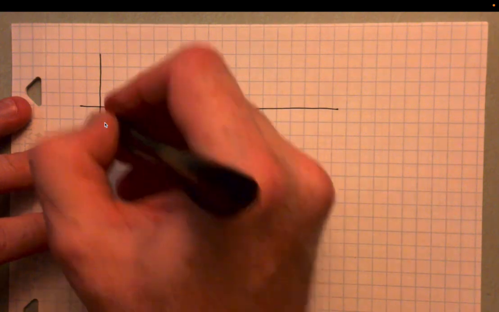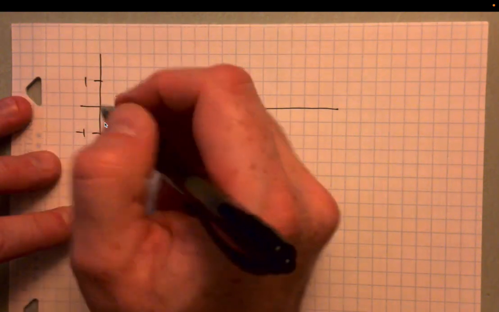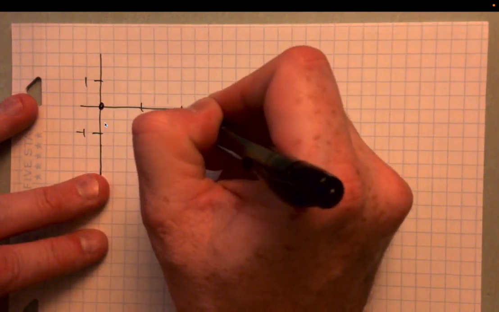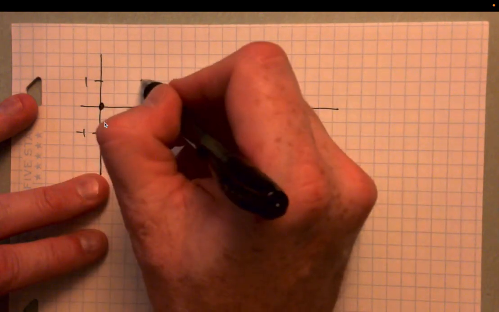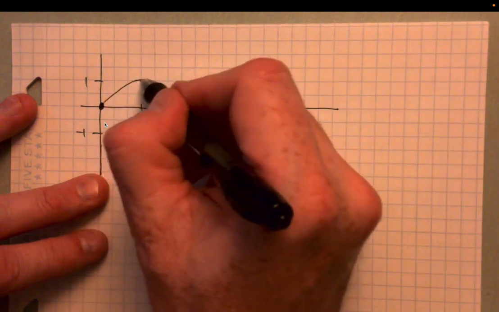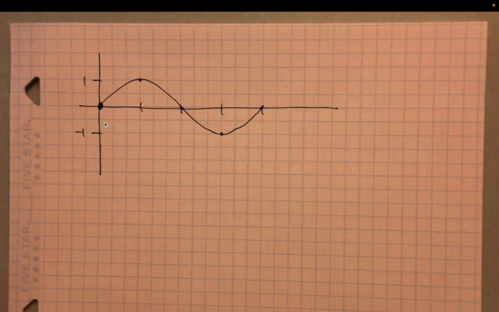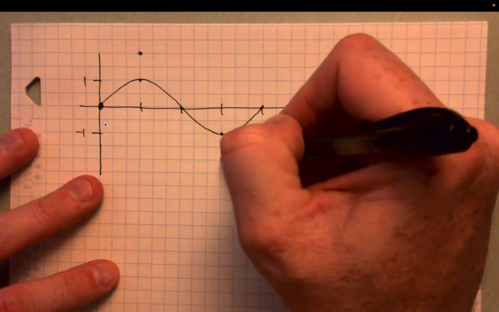So let's take a sine function, and here's 1 and -1. It starts at 0, and then it comes up to here, comes down to there, down further, and then back to 0. So it kind of goes like this, right? This is a sine function normally. Well, if I increase the amplitude, then it's going to jump up higher and go down lower.